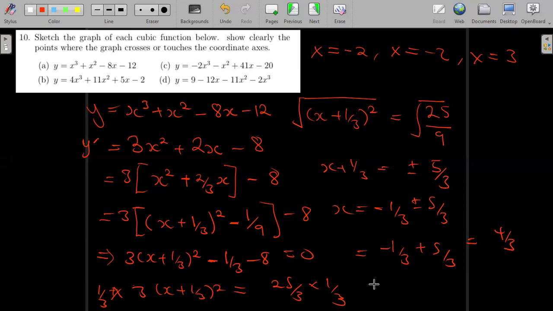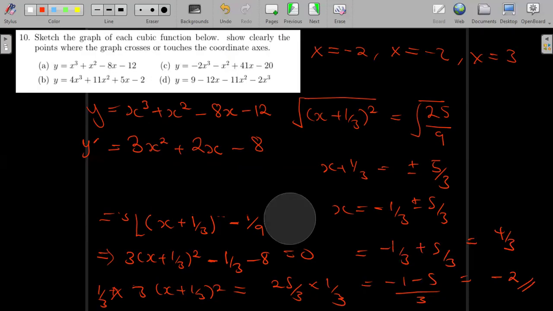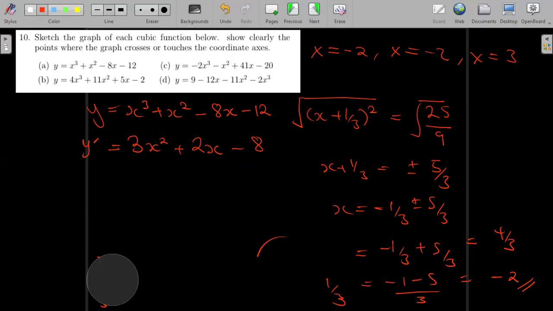Then when I subtract, I'll get negative 6 over 3, which is just going to be negative 2. So are we together on how we factored out and how we found those values?